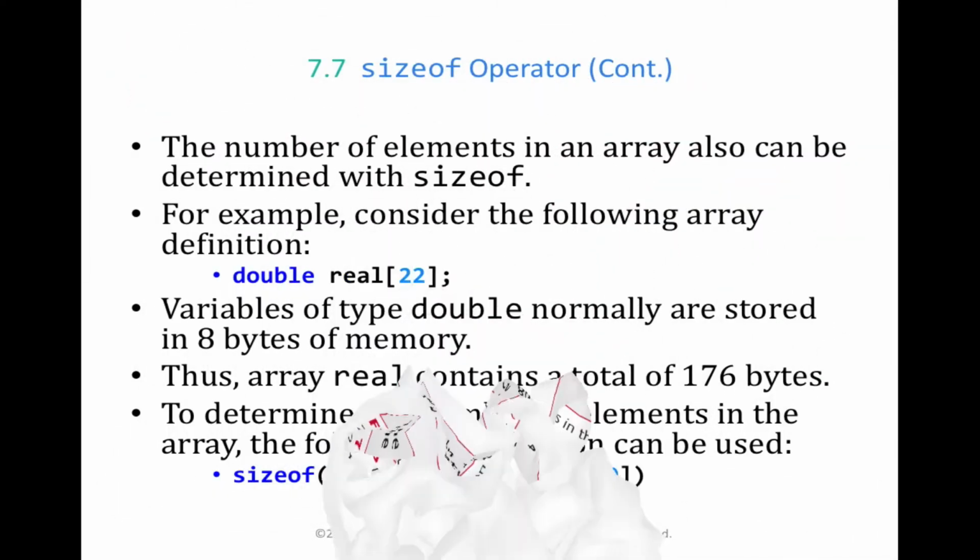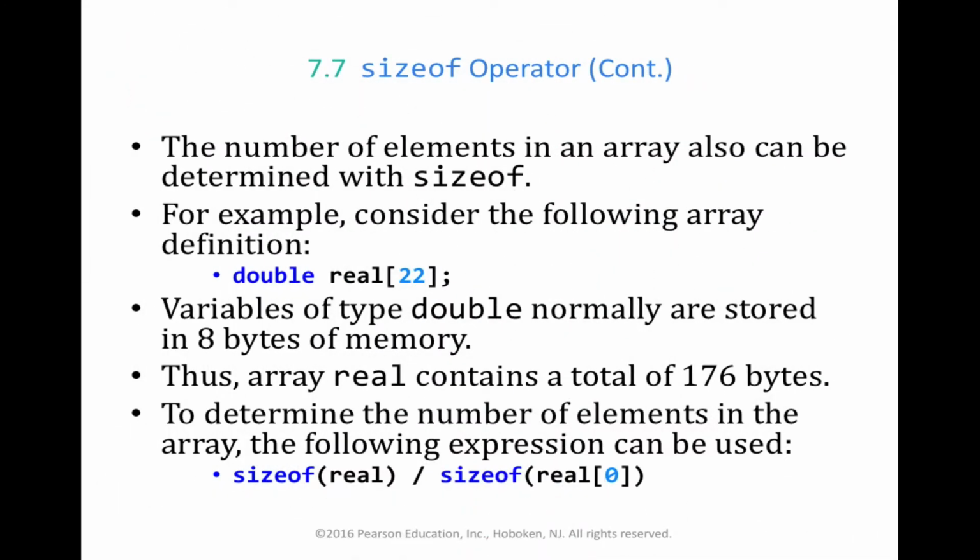So what does this mean to us? Well, the number of elements in the array can also be determined with sizeof. For example, I have an array called real of 22 doubles. Doubles are normally stored as 8 bytes of memory, so the array real contains 176 bytes. If we take sizeof real divided by sizeof real[0], we can determine the number of elements.